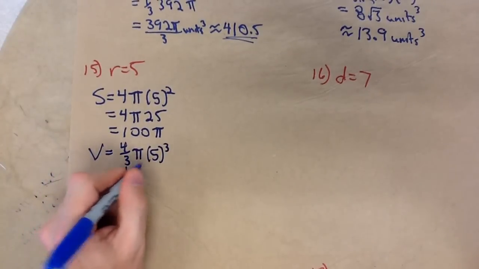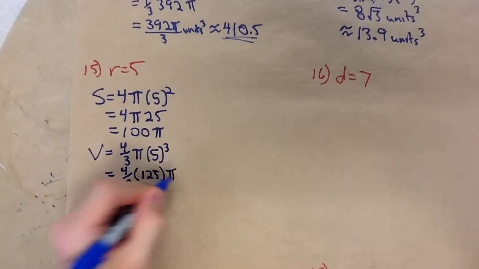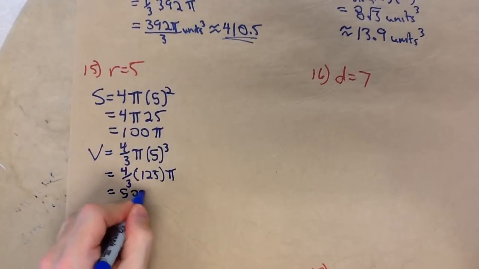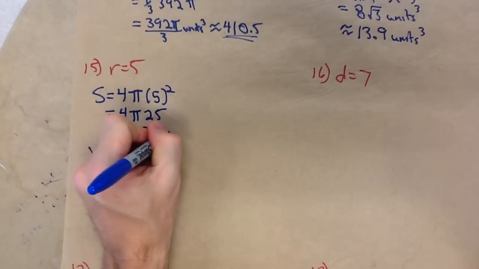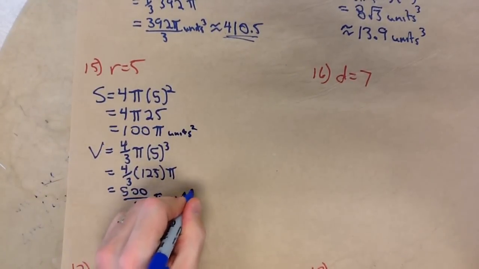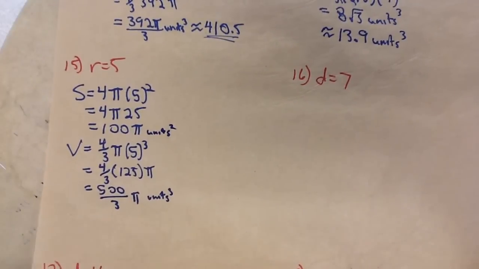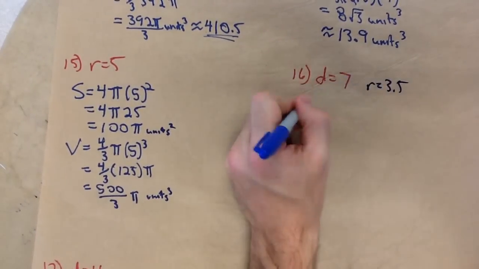That's 4/3 times 5 cubed is 125 pi. This becomes 500 over 3 pi. Doesn't reduce nicely. We'll leave it like that in terms of pi. Units squared, units cubed.